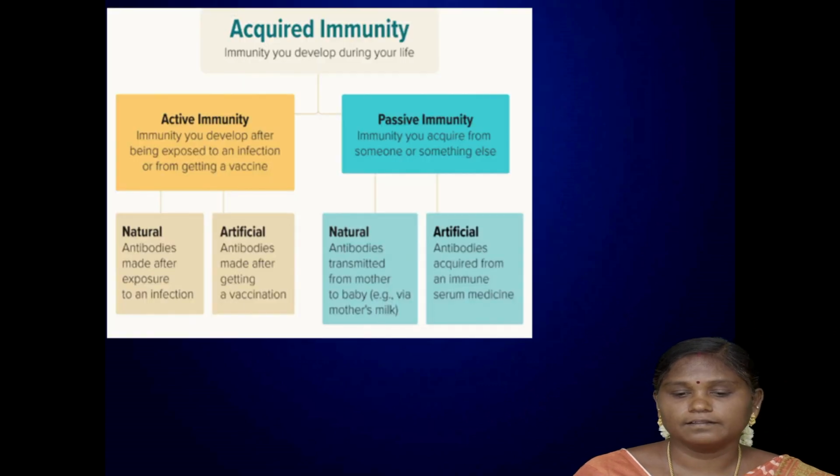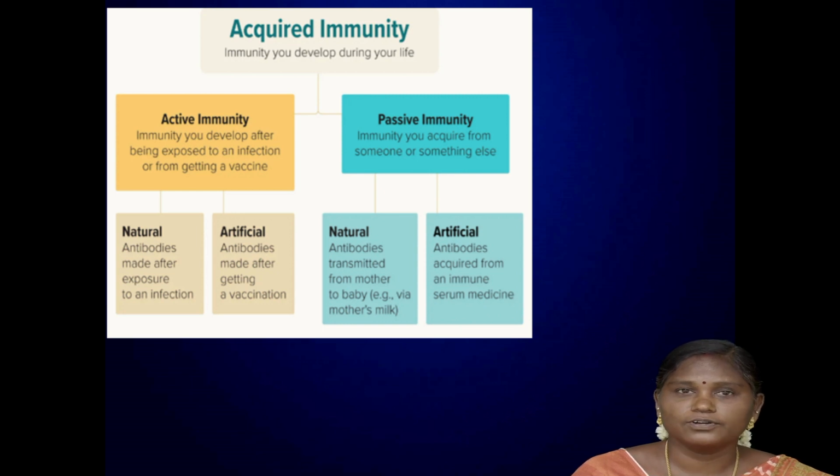The flow chart again shows that active immunity is the immunity we develop after being exposed to some pathogens or foreign particles. That is classified into natural and artificial. An example is antibodies made in response to an infection: after the infection, the antibodies are produced naturally.